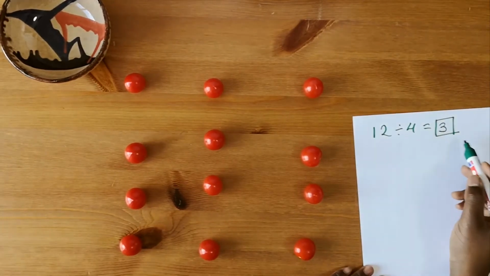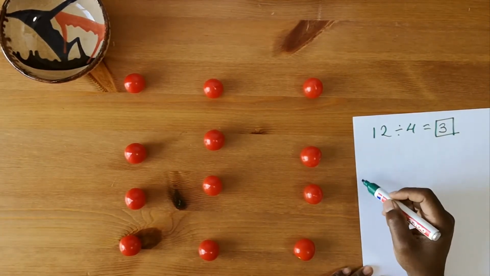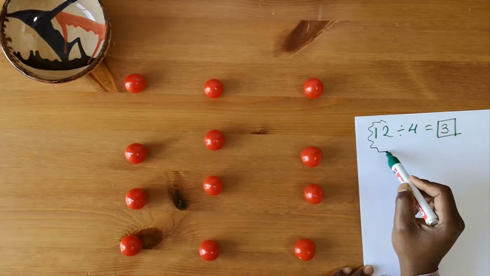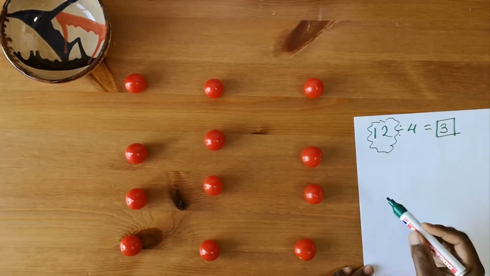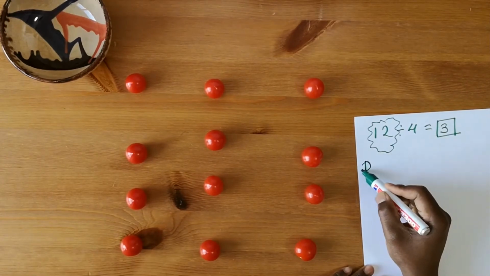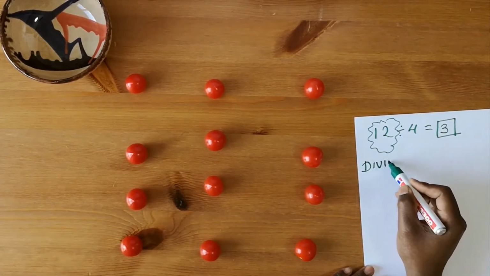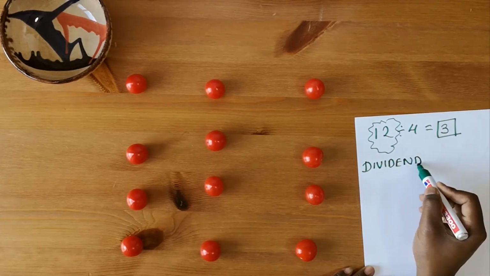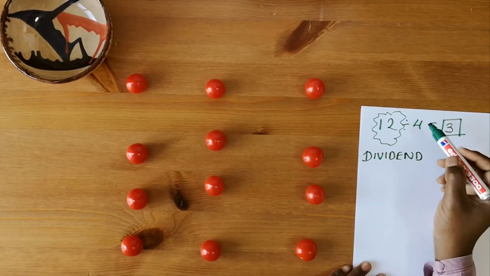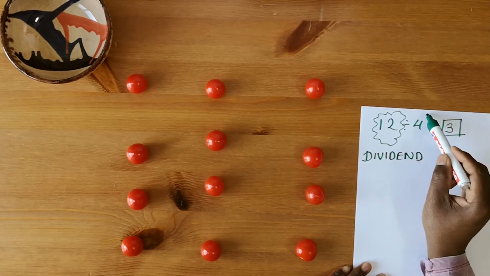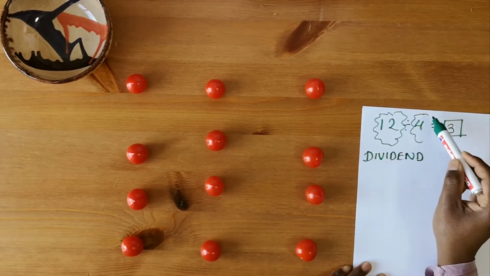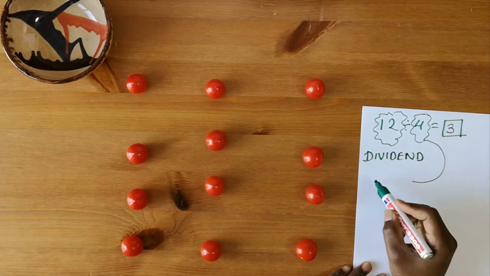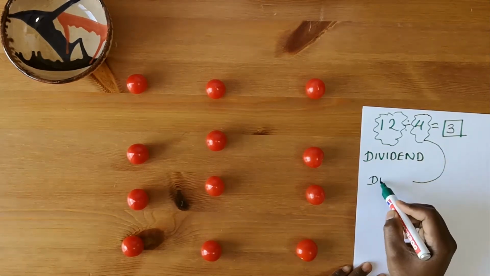Now, these numbers over here in mathematics, they have names. The number that you're dividing is known as the dividend. The number that you're using to divide, right here, is called the divisor.